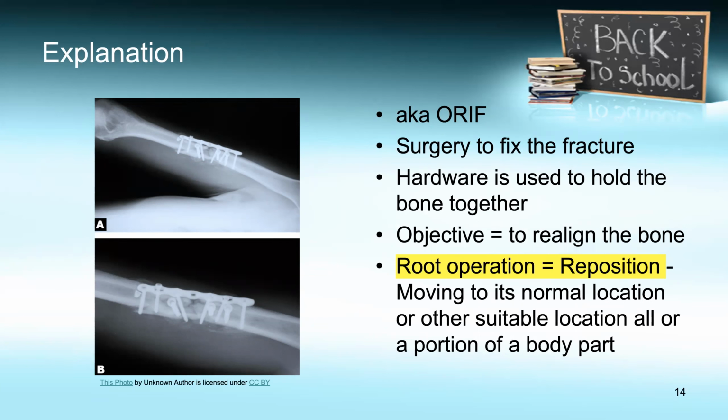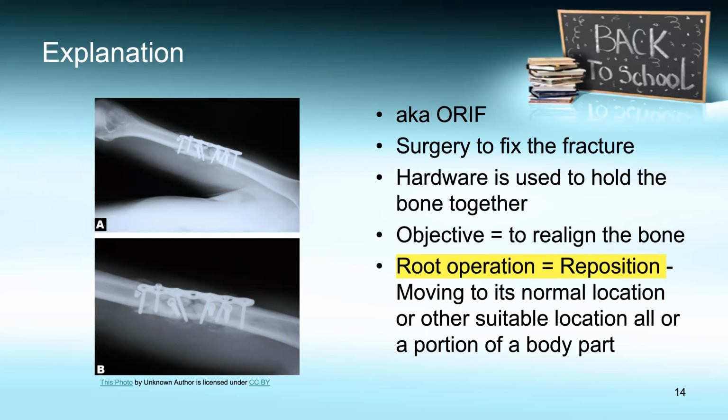And what they do is they use hardware to hold the bone together. So they have a fracture and they need to be able to realign those bones and hold them in place while they heal. So the objective is really to realign the bones. That's what the purpose of the open reduction is, to realign them, hold them in place so that they can heal.